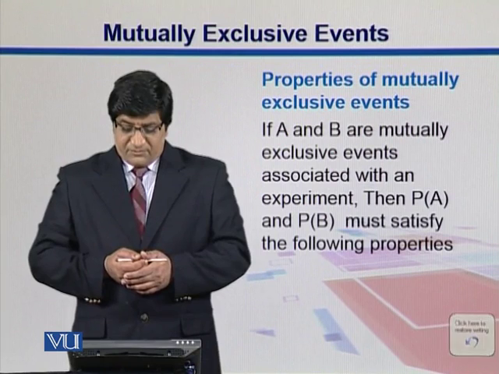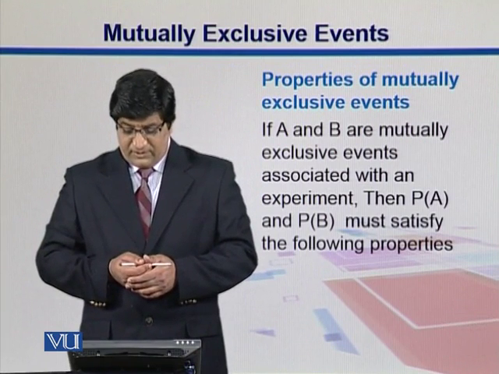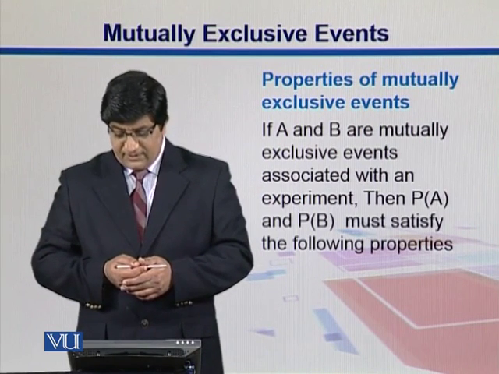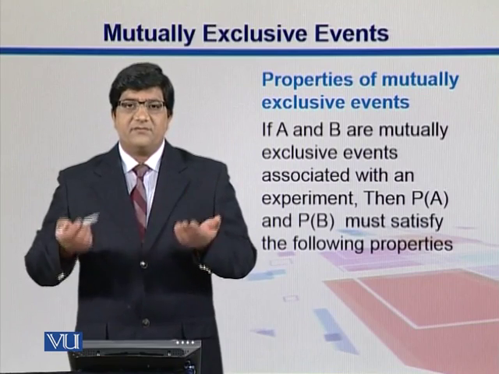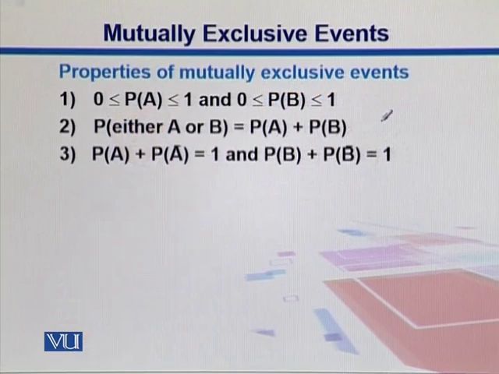A and B are mutually exclusive events associated with an experiment. Then A and B must satisfy the following properties. Let's see the properties of these mutually exclusive events. Their probabilities range from 0 to 1 for both of them, for A as well as for B. The probability of either A or B is simply the sum of their individual probabilities, and for their complements we can put them in the equation.